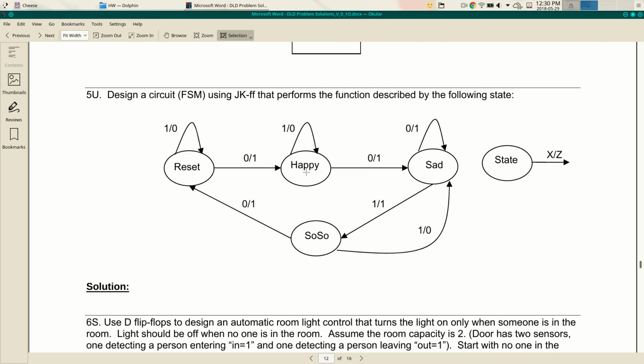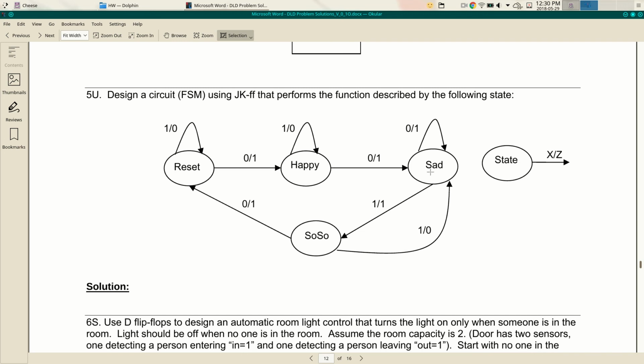If you're in the happy state and your input's a 1, what's your next state? Yeah, the 1 says you're just going to follow this arrow, you're going to stay in this state. Okay, what if your input's a 0? Is that making sense? Well, if you get that, and you get what the outputs are also, so if you're happy and your input's a 0, your output's going to be 1, and your new state is sad.